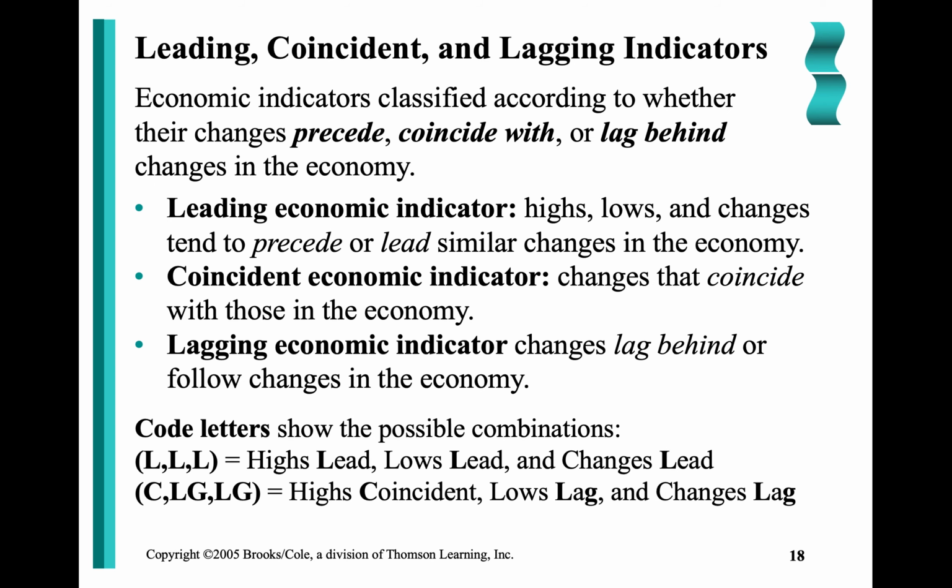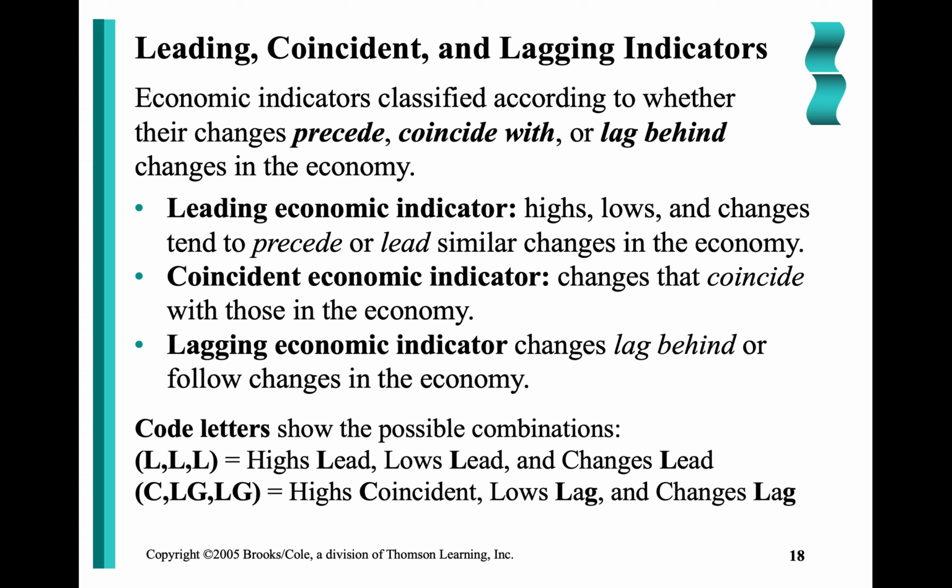So, leading, coincident, and lagging indicators. It says an economic indicator is classified by whether their changes precede, coincide with, or lag behind the changes in the economy. A leading indicator is going to precede or lead economic changes.